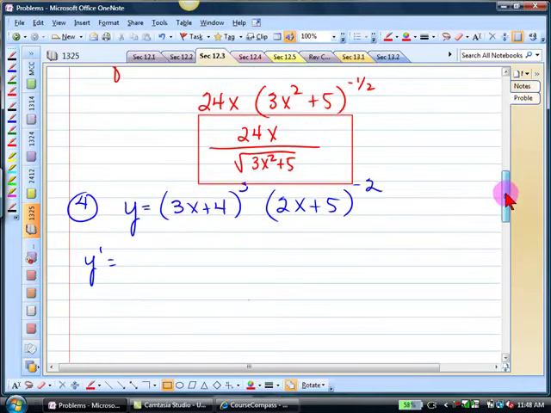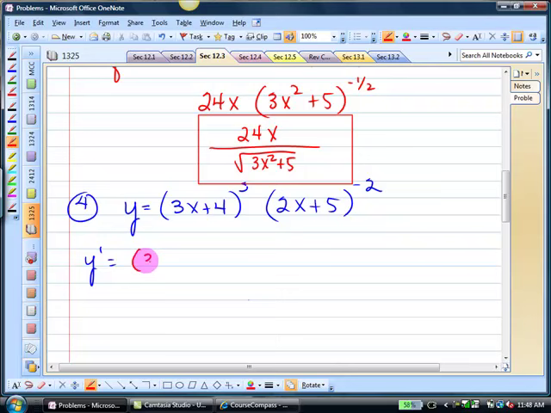All right. What do you recognize about number 4? It's a product, and within that product, you're going to have some chain rule stuff going on. So I think writing a roadmap might not be a bad idea.